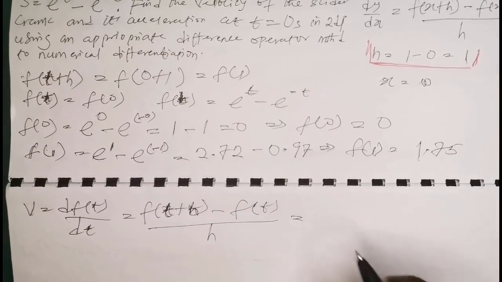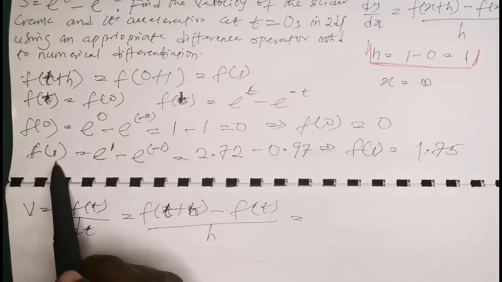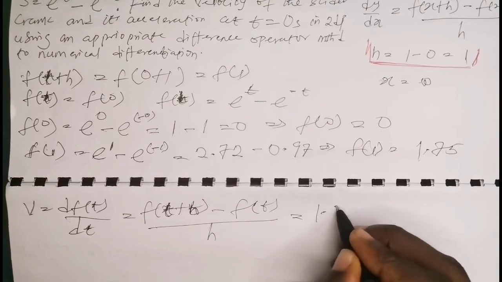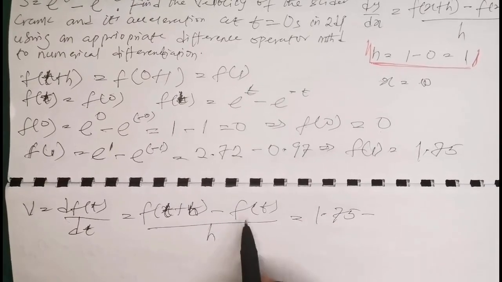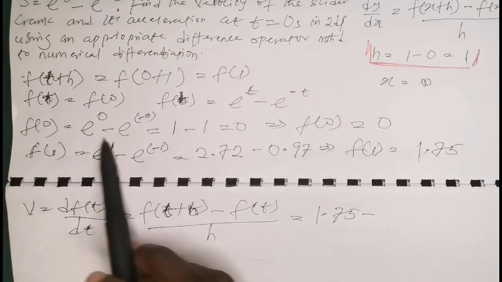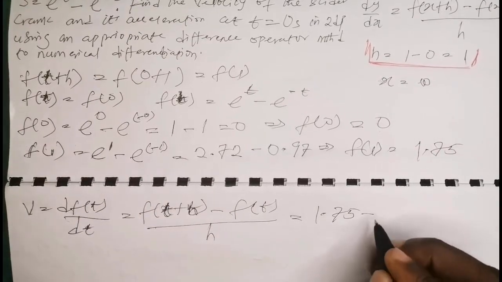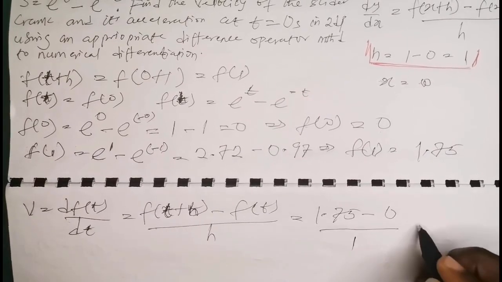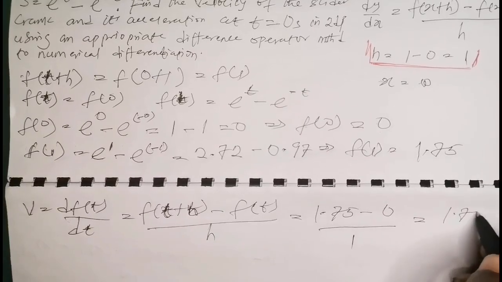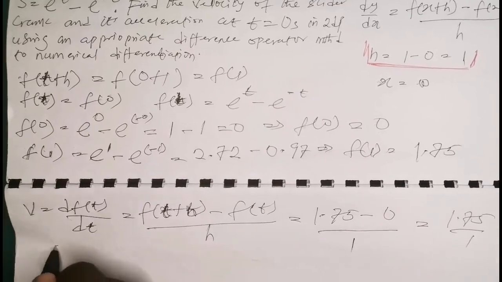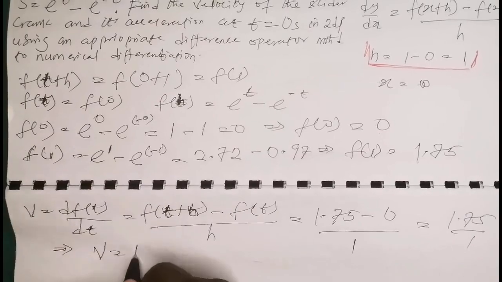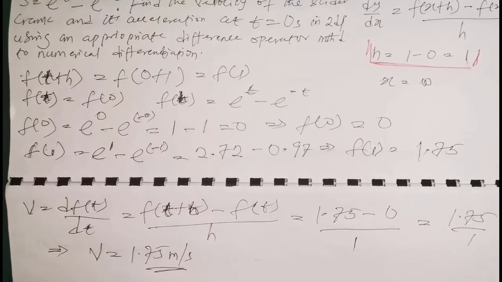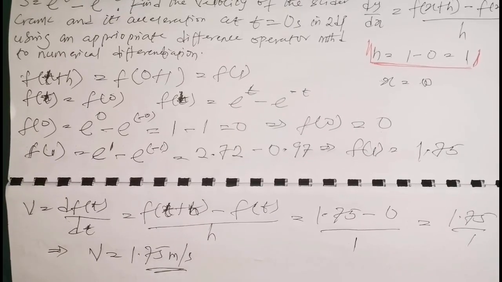So this is equal to f of t plus h, which gave us 1.75, minus f of t, which is f of 0, which gave us 0, all over h, which is 1. This is equal to 1.75 divided by 1. So this simply implies that the velocity is 1.75 meters per second. So this is the velocity given that function.